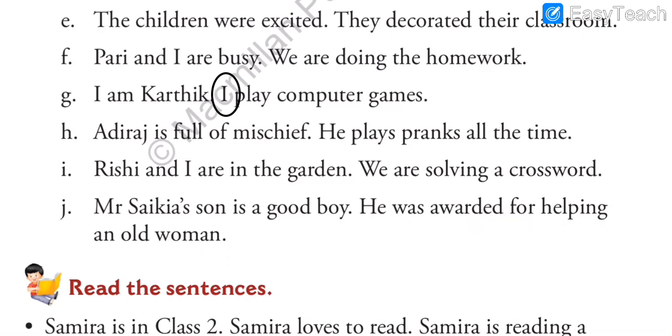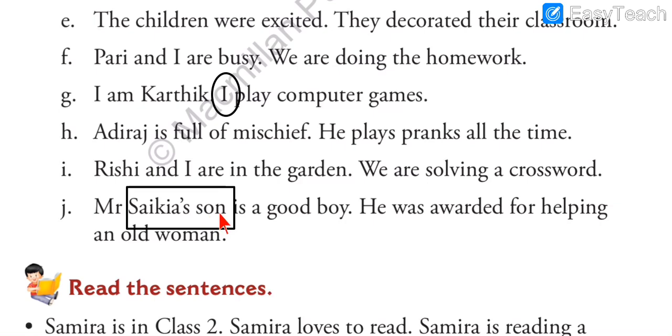So students, read carefully and don't get confused, because the sentence is lengthy. See that carefully. Mr. Saika's son. So here the noun is Saika's son. Though Saika is a noun, in the second half they are talking about the son, correct? Let me put a rectangle over there, so that it is in your mind.